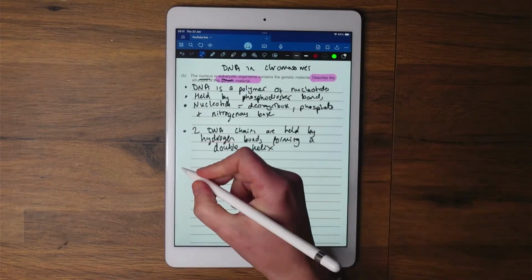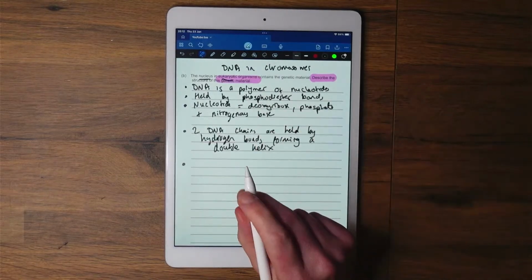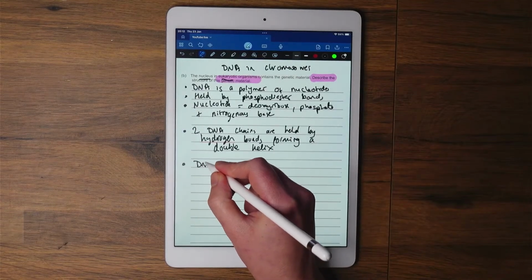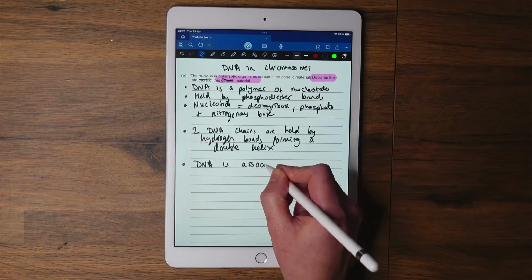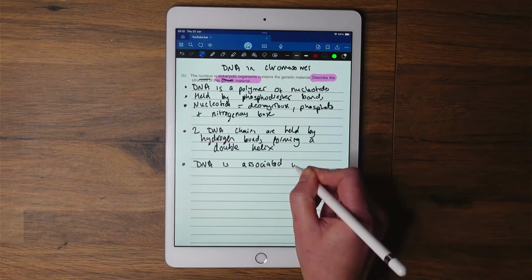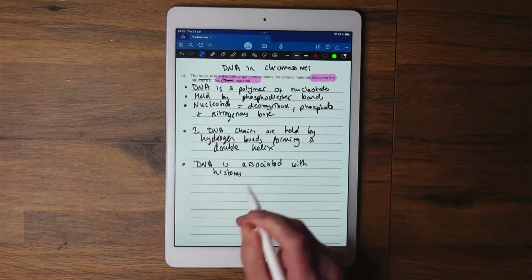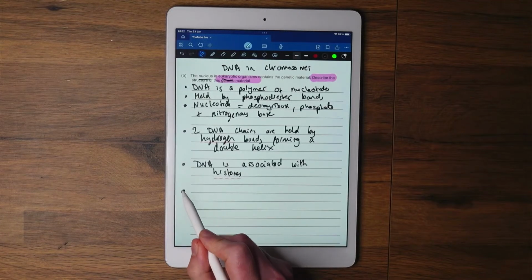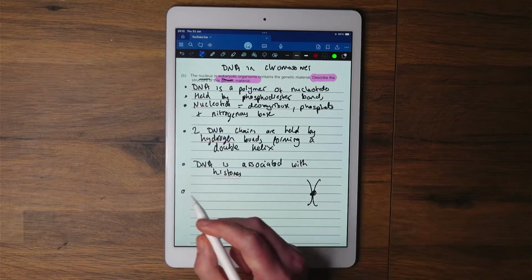So then if we start thinking about the arrangement of the DNA in the chromosomes in eukaryotic organisms, I'm going to say that the DNA is associated with histones. And then I'm going to describe the structure of a chromosome.